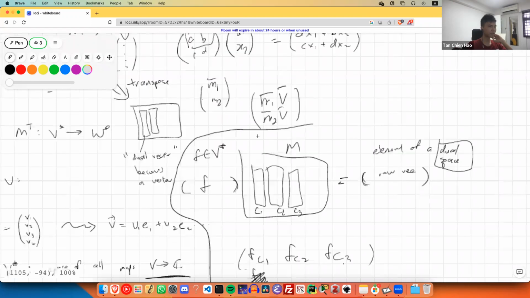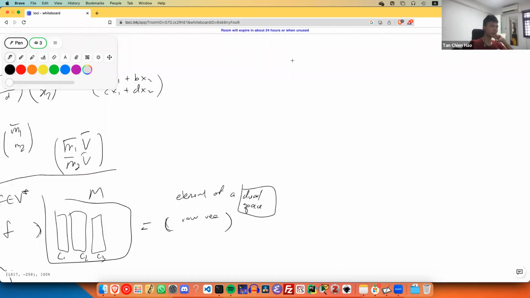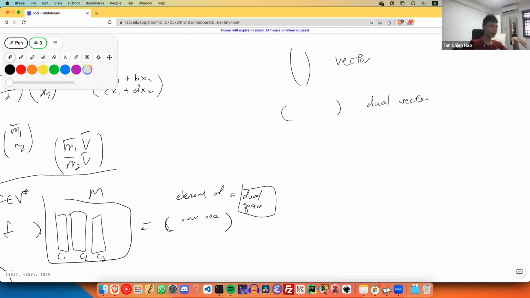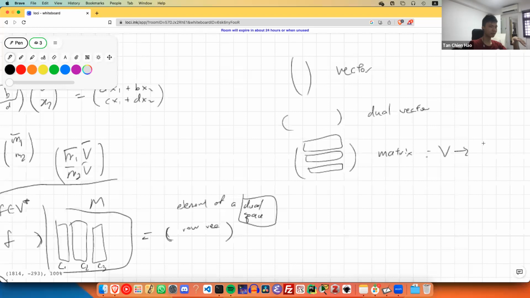So the picture so far, to summarize: column vectors are elements of vector spaces. Row vectors are elements of a dual space. Matrices, which can be thought of as a bunch of row vectors, are a map from a vector space to a vector space.